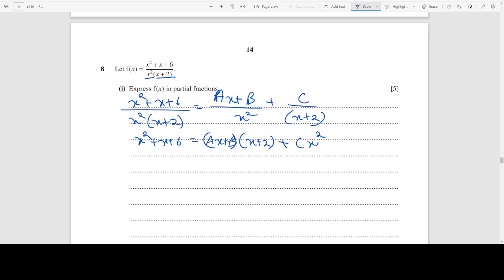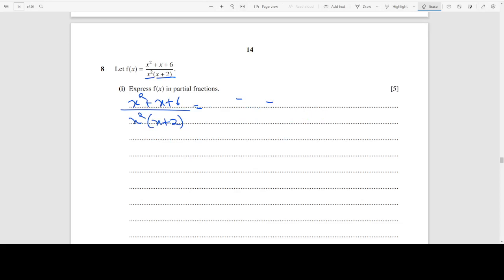Alright guys, there's one more method for this. I guess this would be a bit tedious and long. Instead, how about we do it this way? A upon x plus 2 plus b over x plus c over x square, because anyways even if you take the first format the answer is going to be correct.